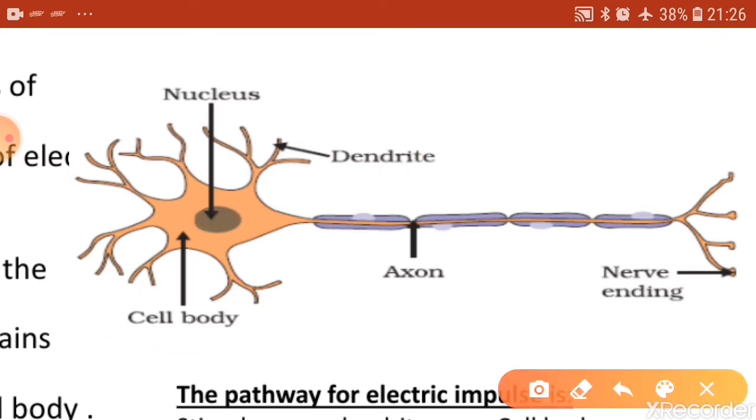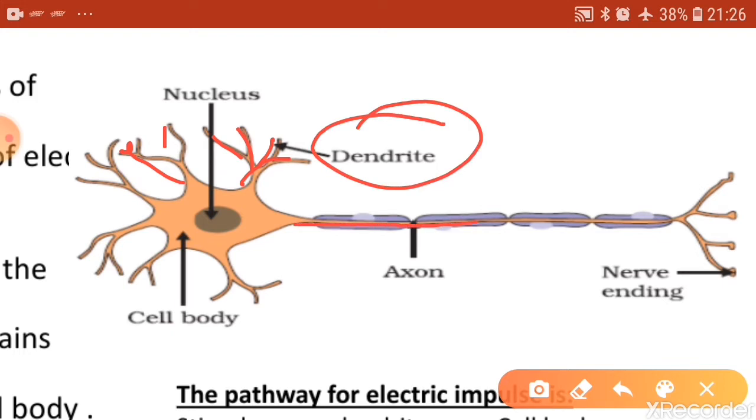Arising from the cell body are cytoplasmic processes. These cytoplasmic processes are of two types. The short branched cytoplasmic processes that you see are called dendrites, and the long cytoplasmic process, which is the longest part of a neuron that makes a neuron the longest cell of the body, is called the axon.